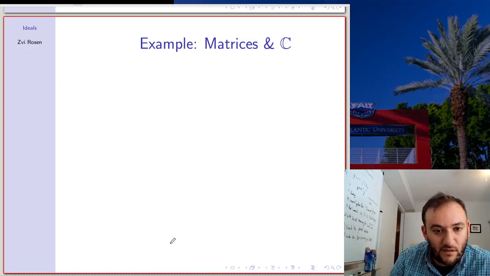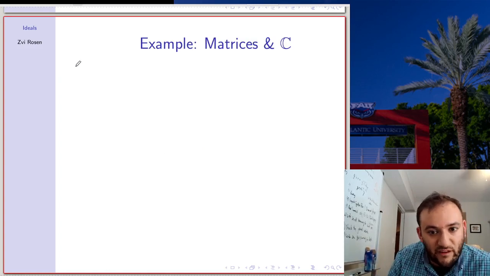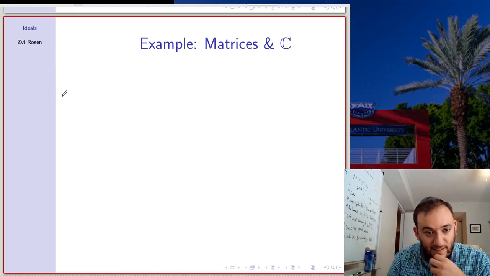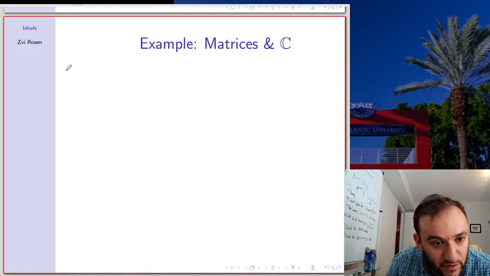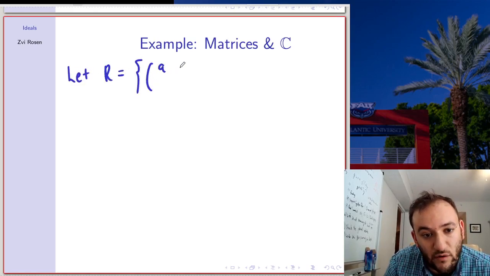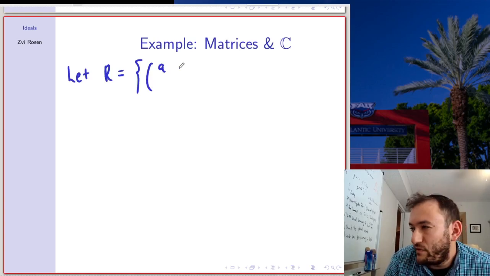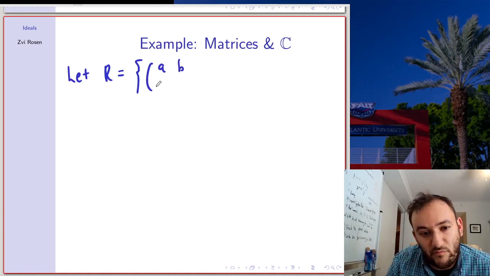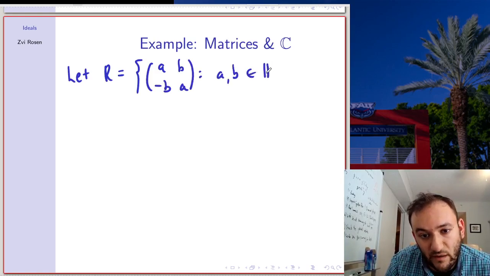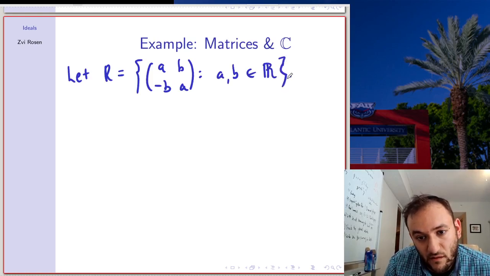Okay, and there's another ring of matrices, which we'll see ends up looking exactly like the complex numbers. So let's define R to be the set of matrices of the following form: (a, b; minus b, a), where a and b are real numbers.